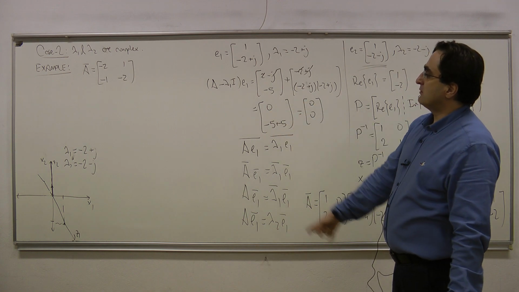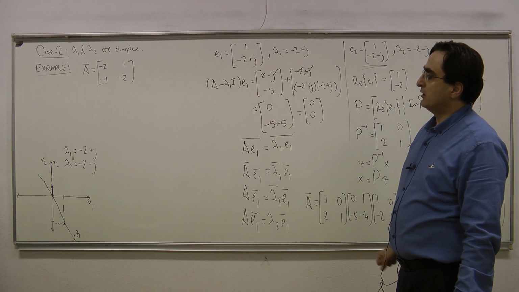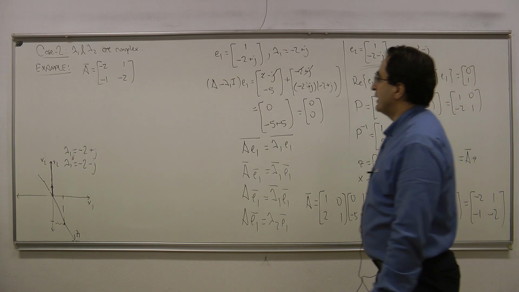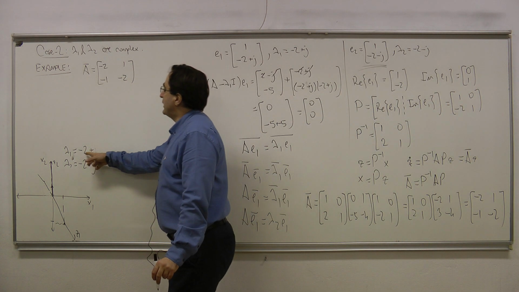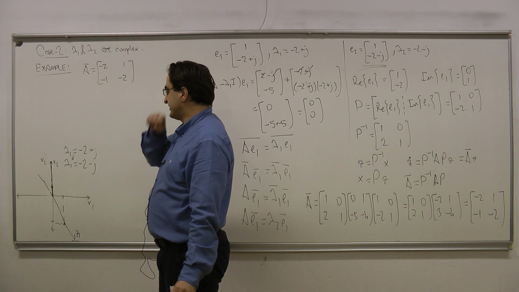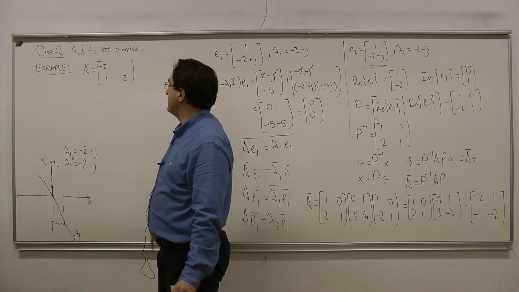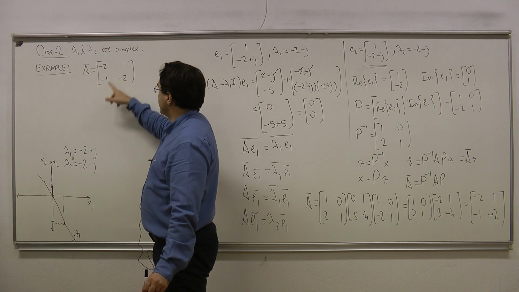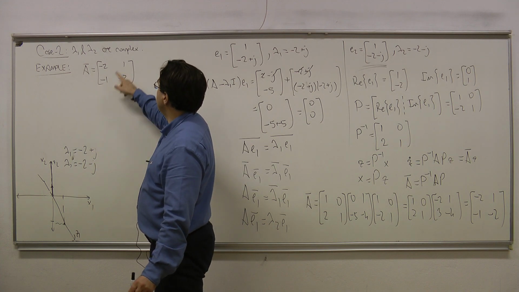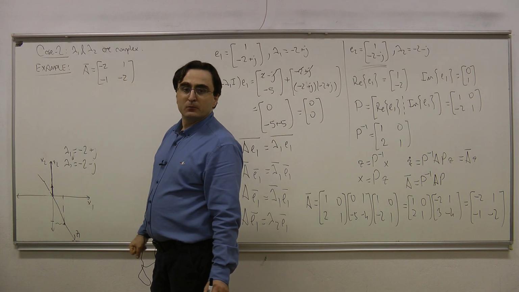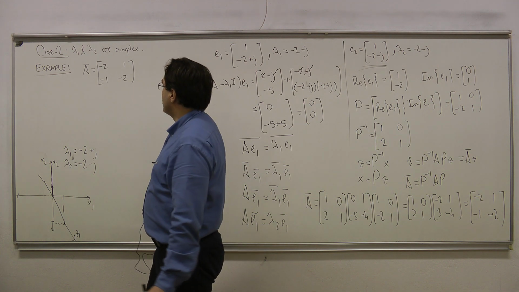So now this has a relationship with the eigenvalues. You see that when I look at the eigenvalues, the real part is -2, which are on the diagonal here, and their imaginary parts are here and here. Okay? So this is quite convenient.